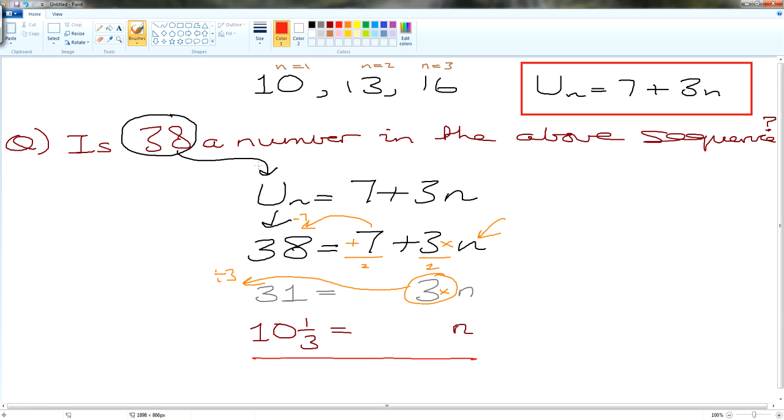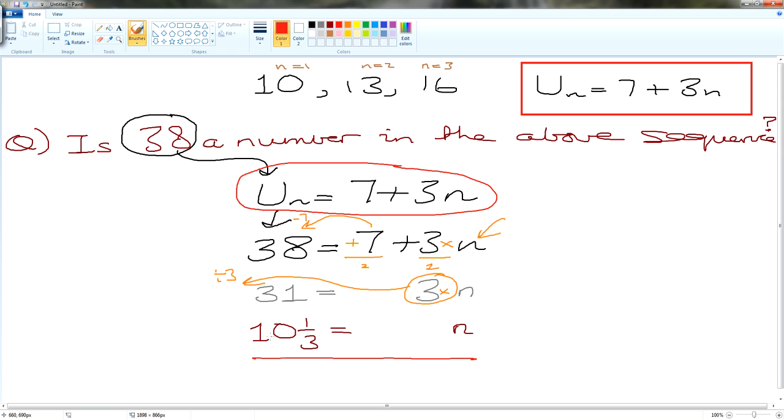Now, remember this. Let's have a look at our answer and see what it is saying. So we put the 38 into our rule, and to get an answer of 38 in our pattern, we need to have the term number as what? 10 and 1/3. Okay, can we have a term number of 10 and 1/3? Why? Because n has to be what? Whole numbers, linear.